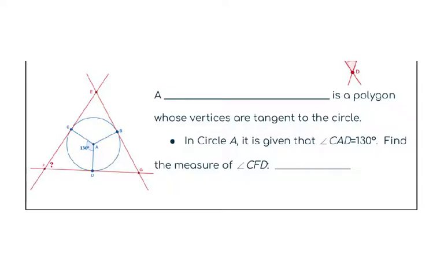So moving along, in the last lesson, we talked about inscribed polygons and how inscribed polygons are inside of the circle. So now we're actually going to talk about polygons that are going to be outside of the circle. And those are going to be called circumscribed polygons.